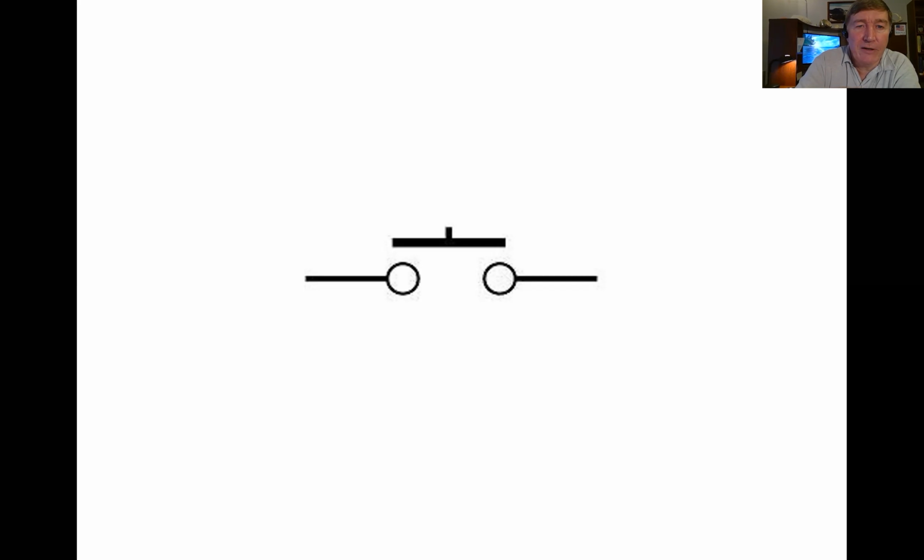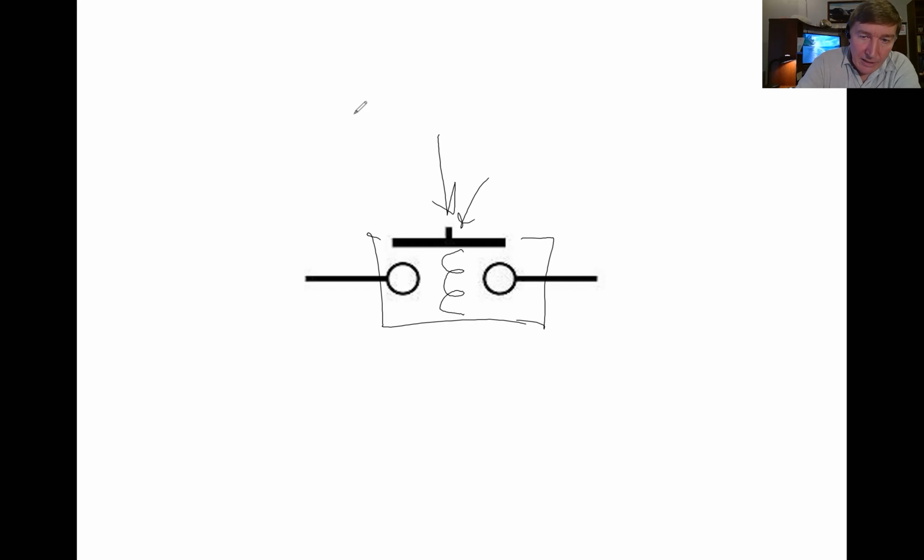Imagine that there is a little spring right here, and it's inside a box. And this is the button that's sticking out. When you push on this button, this guy is going to lower down and come in contact with these two terminals. When that happens, electricity can flow through the circuit.